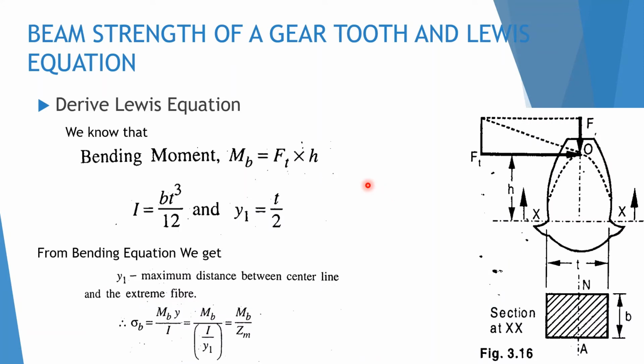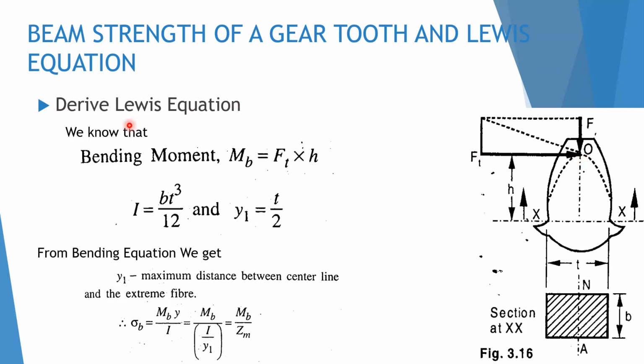So consider here that we are changing the profile of the gear tooth to a parabolic shape. This is because a parabolic shape provides a beam of uniform strength, and the height of that parabola is h, and Ft is acting on the tip of the parabola.